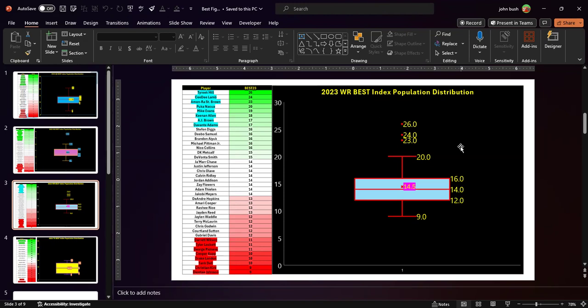I don't know if that's going to be public data or not, but I would love to see what a projected team looks like with their wide receiver corps in 2024 using this index. I do have a chart that I'm putting together. That'll be coming out before the draft. I'm going to show people what it looks like before the draft. I may not show them what it looks like after the draft. We'll have to decide how nice we're going to be.